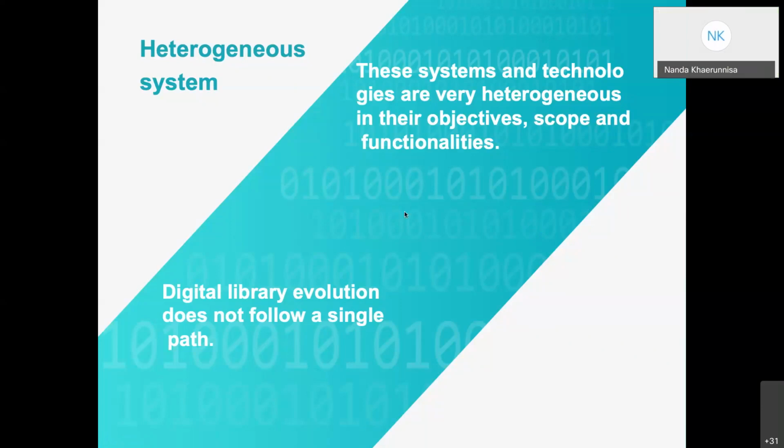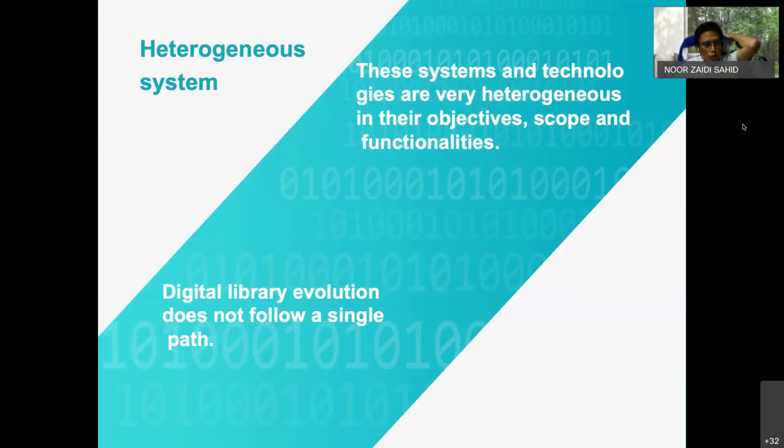Heterogeneous means wide varieties. Varies. Very many. Opposite to heterogeneous is homogeneous. Human beings are homogeneous. We call this Homo sapiens, which means the same species.